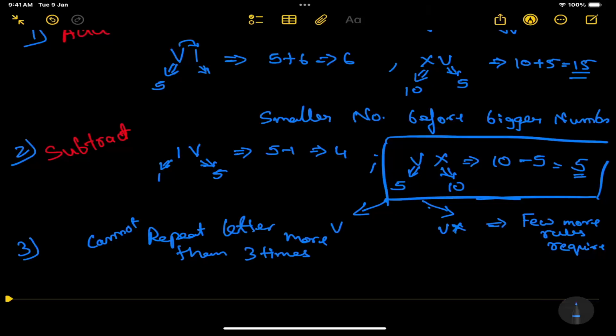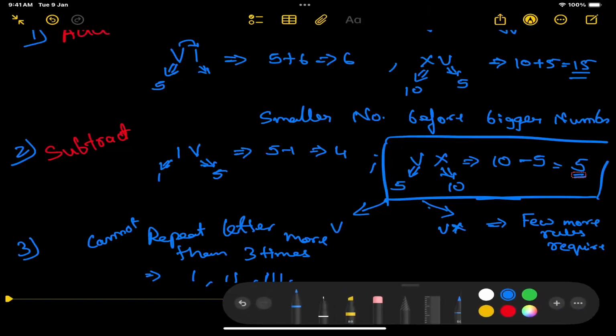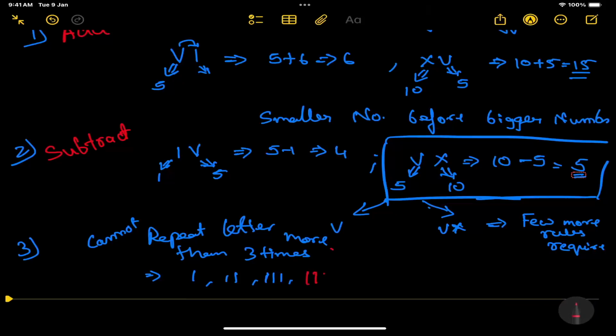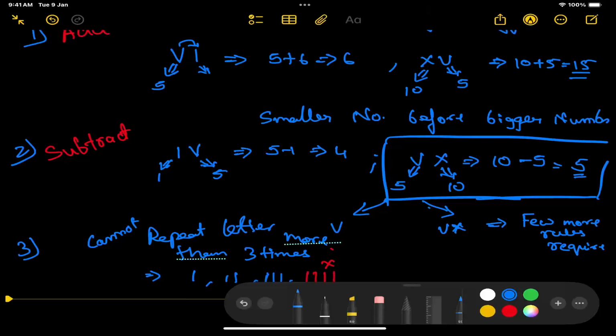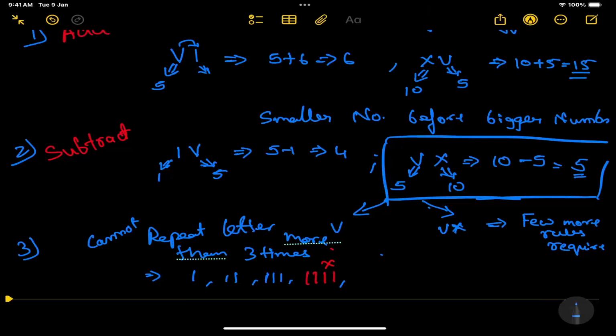So it's like you start with 1, then 2, then 3. Now you will not be able to write a number 4 times. This is wrong. What will you do instead? What denotation do you have next? You have 5.